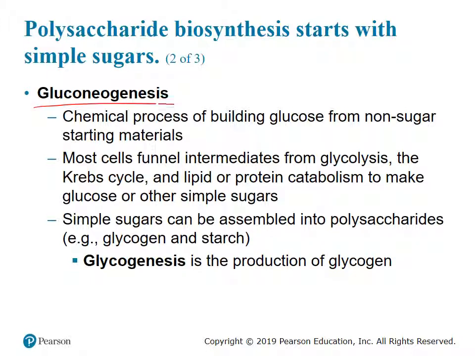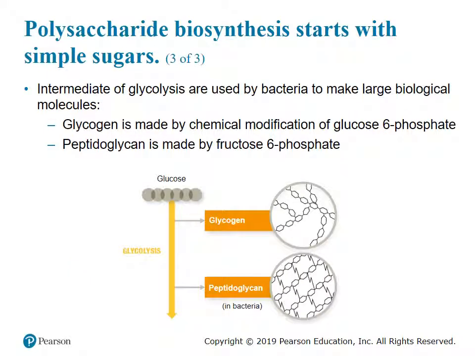The process of gluconeogenesis, by the way, is actually building sugars like glucose from non-sugar material. And actually, you can go backwards. So again, we can build up and make glucose from other things other than carbohydrates, which is really neat to look at.